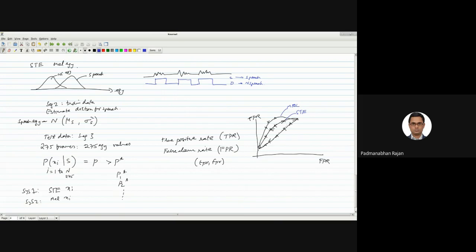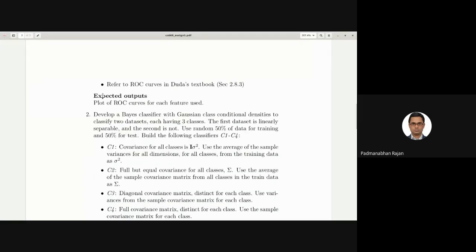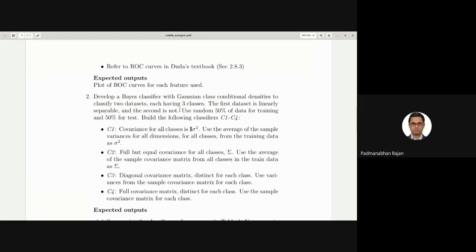To estimate these things, the ground truth file can be used. So that is the first question. The expected output is the ROC curve for the two features.